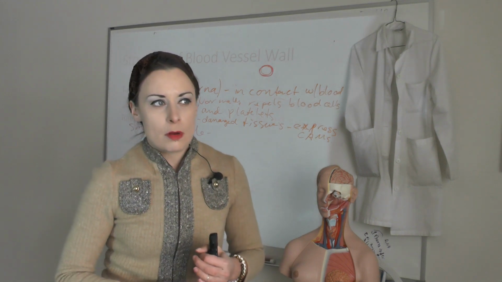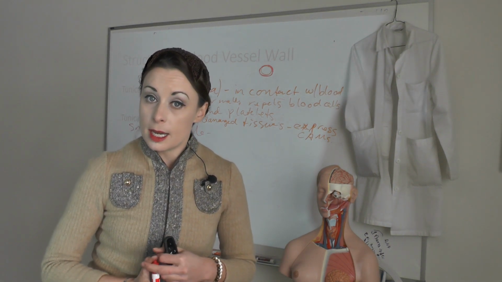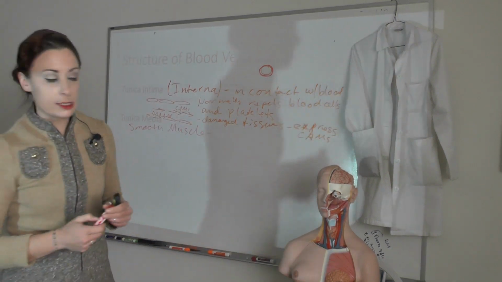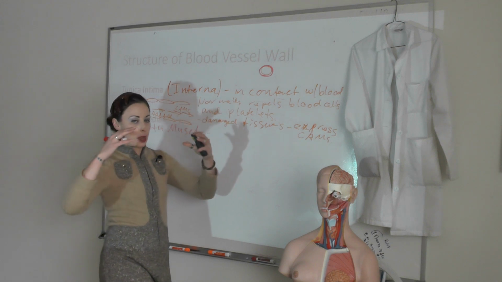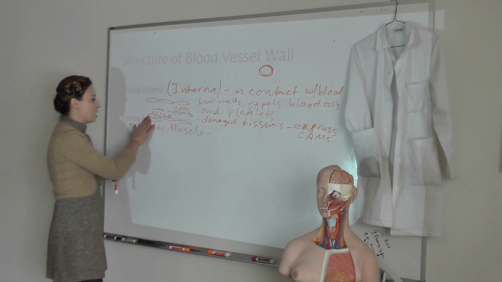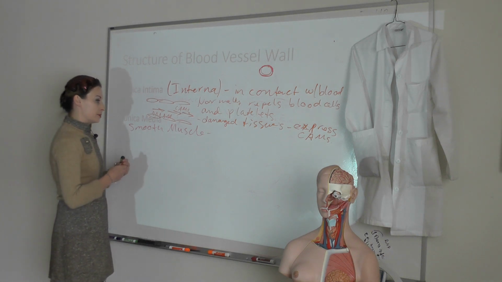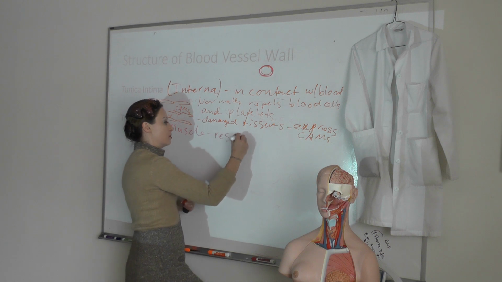Where does the vasomotor center originate? The medulla oblongata. And so impulses that control vasomotion, or the movement of our blood vessels, come from the vasomotor center and are going to have an impact on the tunica media of our blood vessels, which is smooth muscle. So this is responsible for vasomotion.